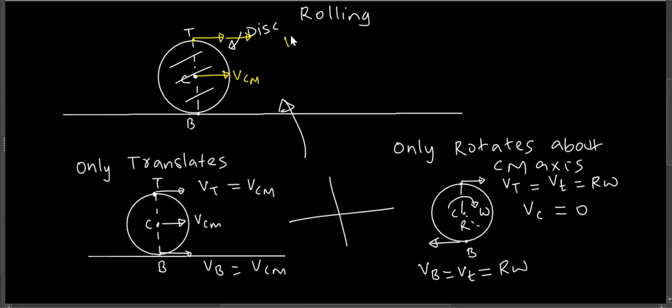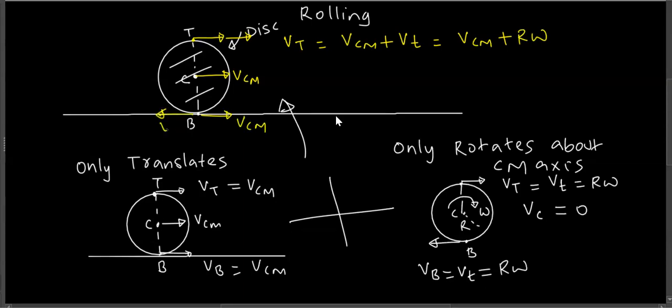So the topmost point will have Vcm plus the tangential velocity, which is Vcm plus R omega. The bottommost point will have Vcm to the right, but the tangential velocity is to the left.